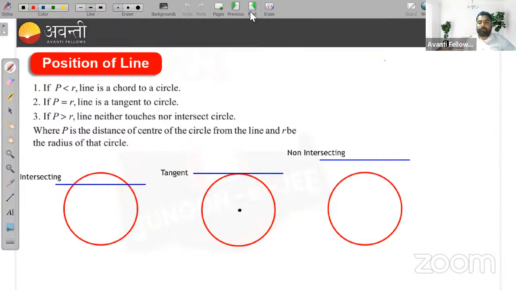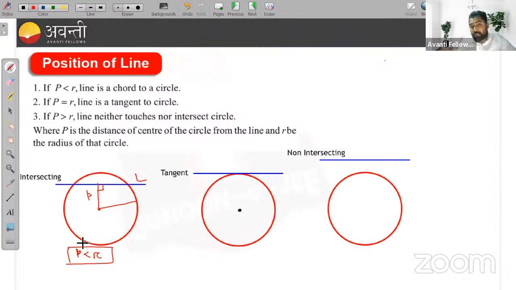You can see here, suppose this is my center, and if I ask you to find the perpendicular distance from the center to the given line, if this is my line, then it is actually this length. If this perpendicular length is P, then can I say that this length P is less than R? Yes, P becomes less than R when the line intersects the circle.